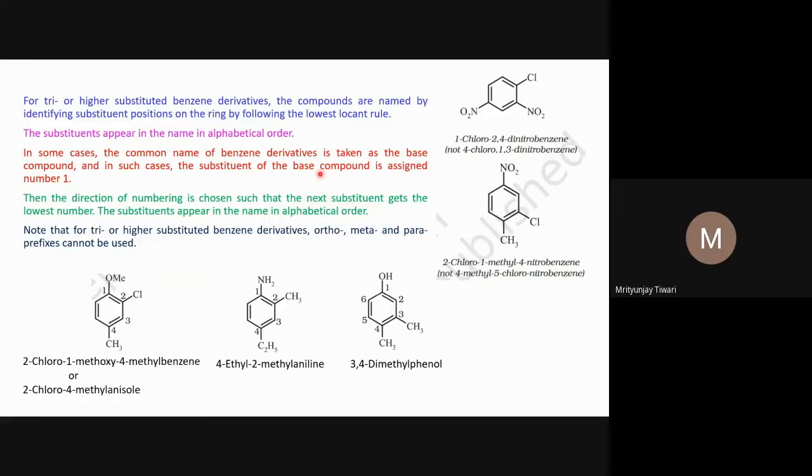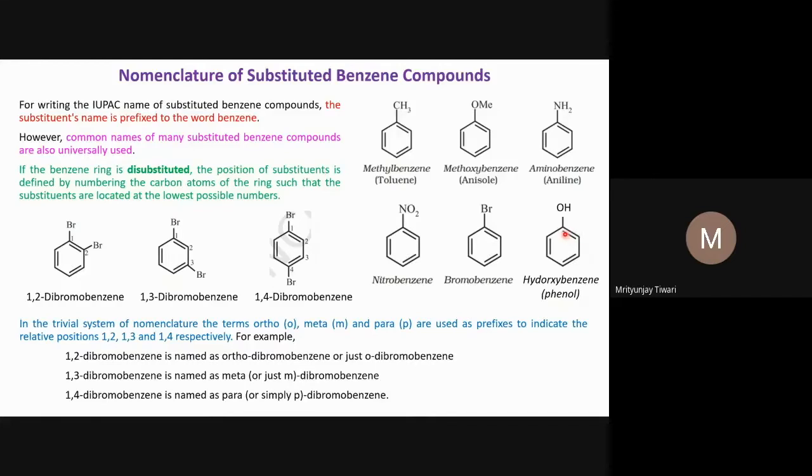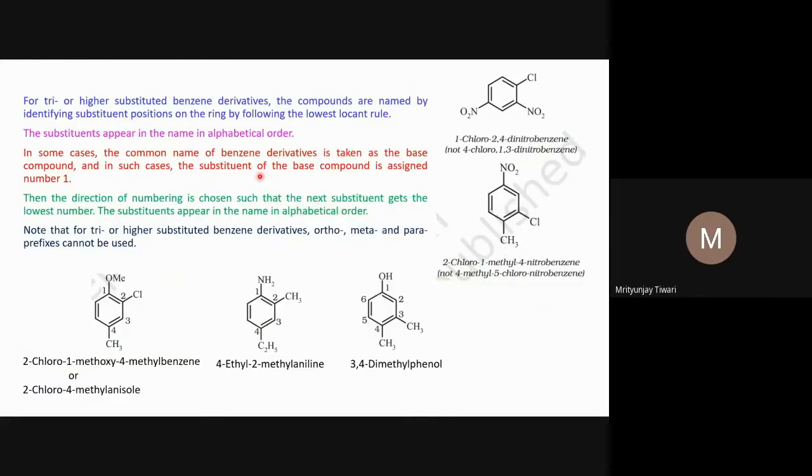Then the direction of numbering is chosen such that the next substituent gets the lowest locant, and we do the numbering in the direction by which the other substituents get the lowest possible positions. The substituents appear in the name in alphabetical order. These things we already know.